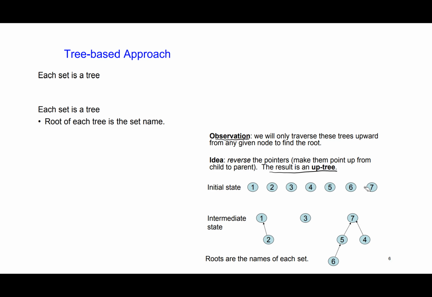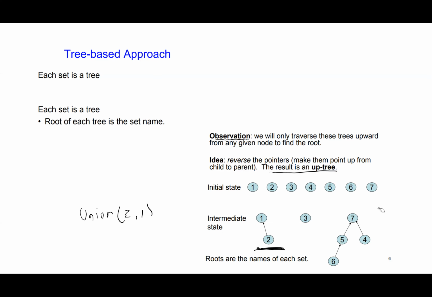Say the operation was union of 2 and 1, which created a tree like this. Then union of 5 and 6 created a tree like this. Then union of 4 and 7 created a tree like this. And then a union of 6 and 5 and 7, and we got a tree like this.